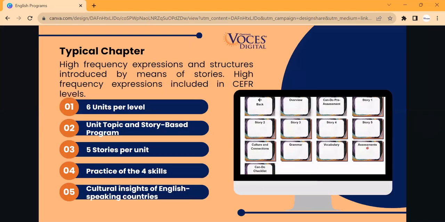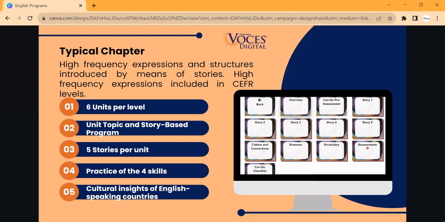A typical chapter in our Storyscape contains 6 units per level. The stories are the springboard to connecting and introducing students to English. We use high-frequency expressions, and the contents we incorporate are included in the Common European Framework levels.